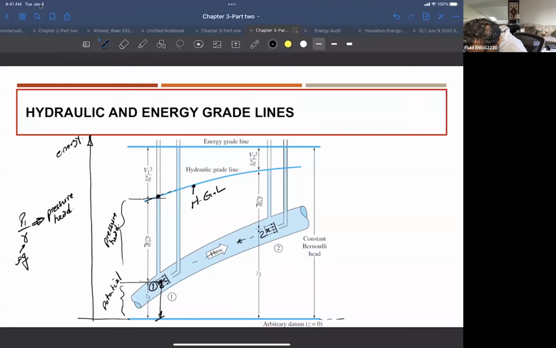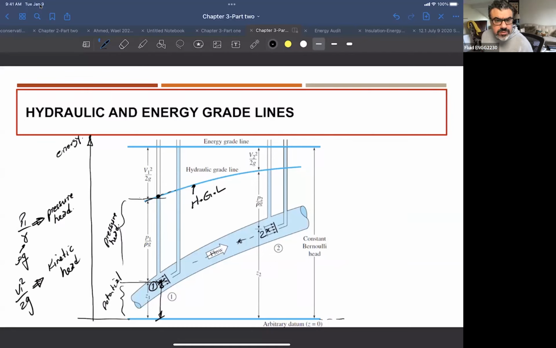The summation of these two is a point on something called the hydraulic gradient line. Now, if I know the velocity at point 1, let's say V1, and we take the square of this velocity and divide it by 2g, so now V squared over 2g, the unit for this will also be in terms of meter, or a length.